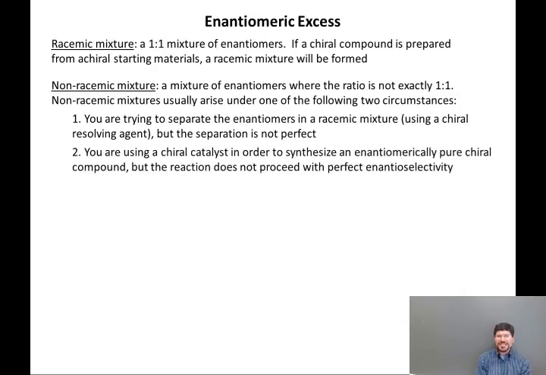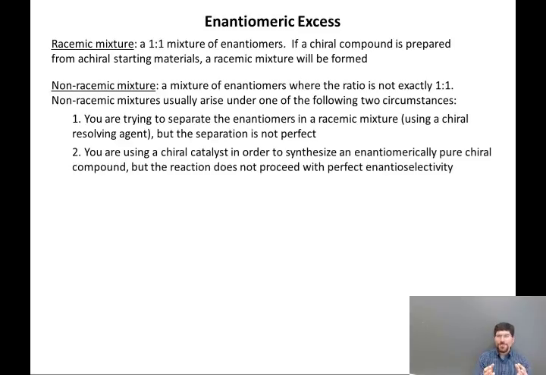The other case is if you do try to synthesize an enantiomerically pure chiral compound, which of course is what the Food and Drug Administration now wants you to do if you are preparing a chiral drug. You will frequently use a molecule called a chiral catalyst. You will use a chiral molecule to catalyze a reaction of an achiral starting material to hopefully give a single enantiomer of a chiral product.